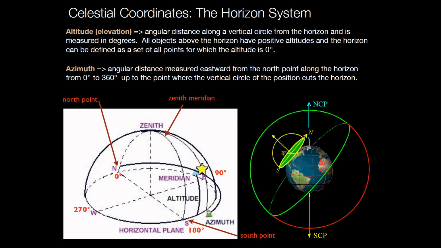So the altitude is the height above the horizon, is one way of thinking about it in degrees, and the azimuth is the distance you have to go around the horizon in degrees to reach the point at which the position sits on a great circle that passes through the zenith.